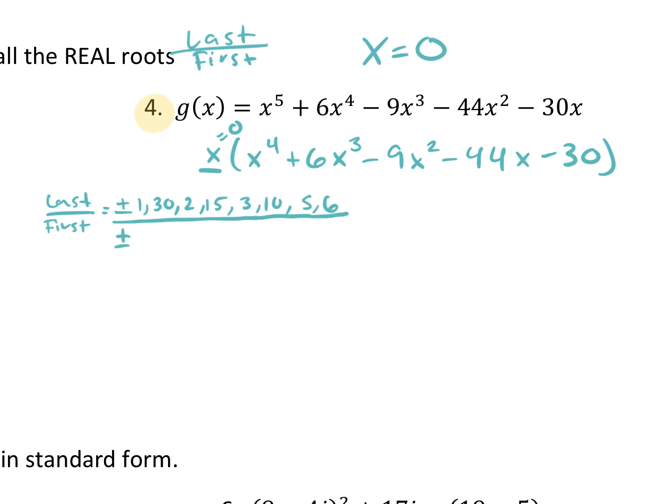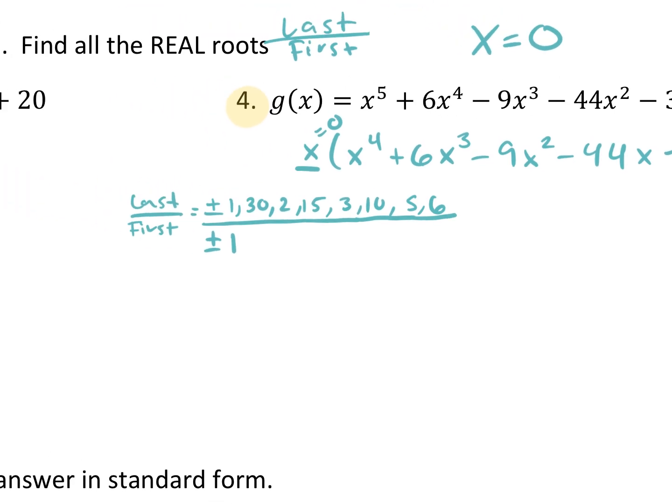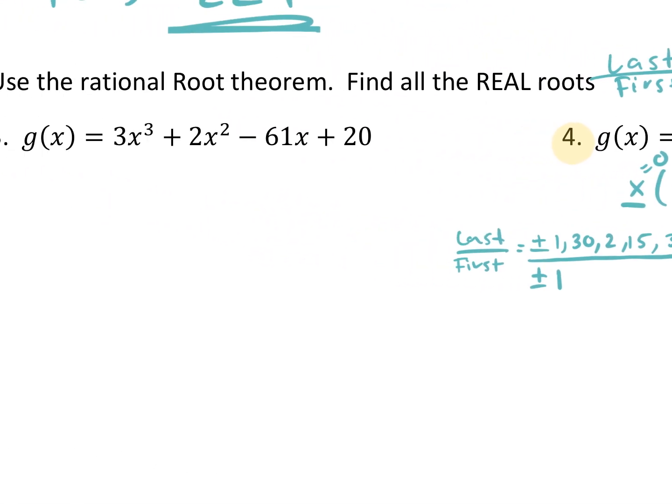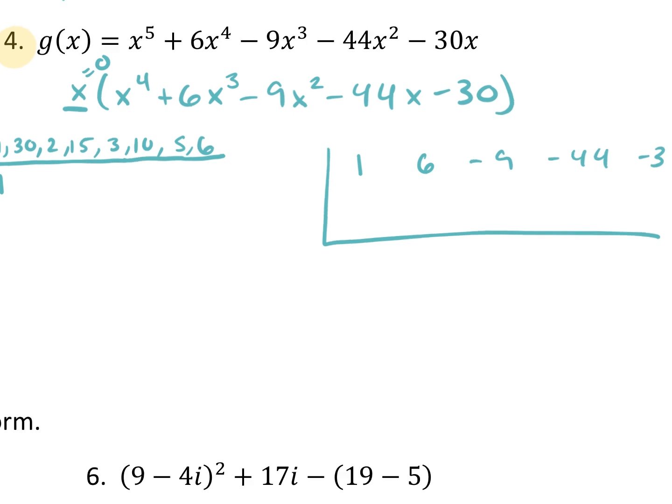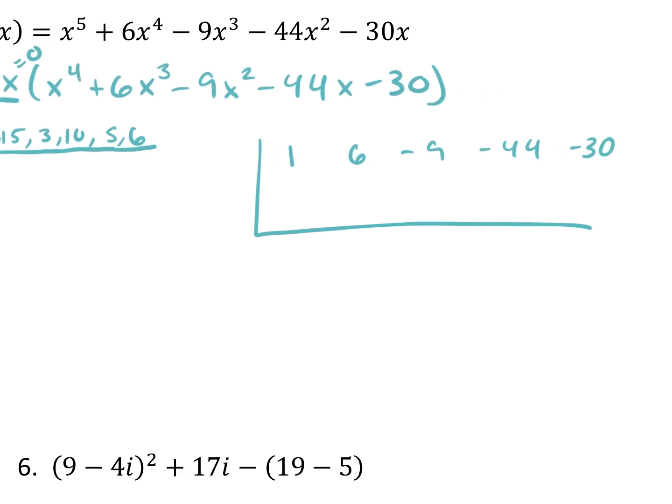And then factors of our first would just be plus or minus 1. So inside of our box, we have 1, 6, -9, -44, -30. We're not missing any terms, so we're good there.